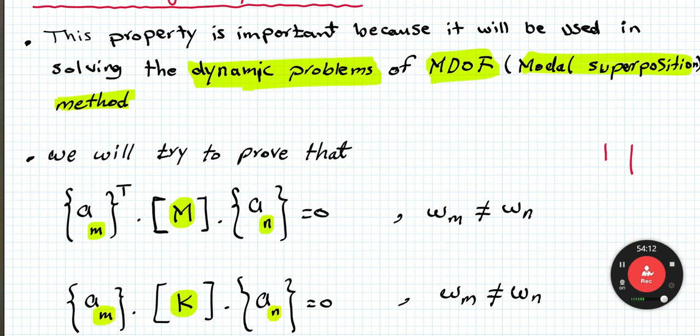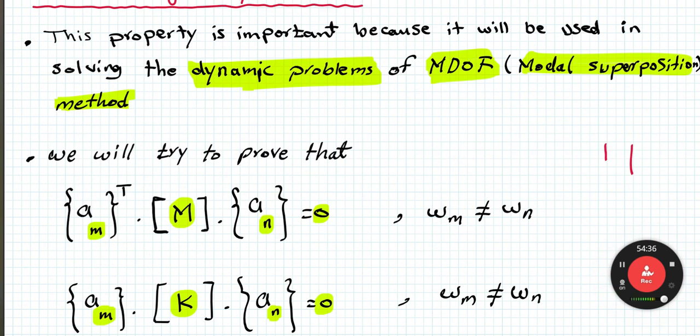The conclusion is that whenever we have two different modes, the dot product with respect to the mass matrix is going to yield 0. And if we have the same two different mode shapes and take the dot product with the stiffness matrix, we are going to have 0 at the end.